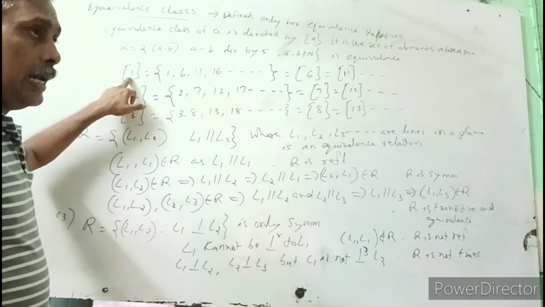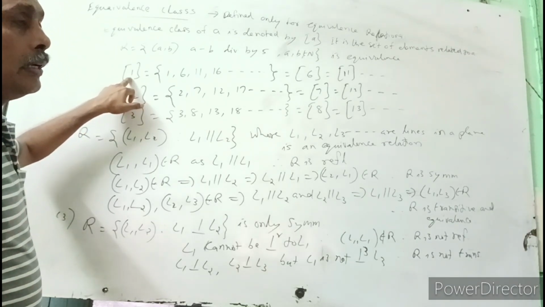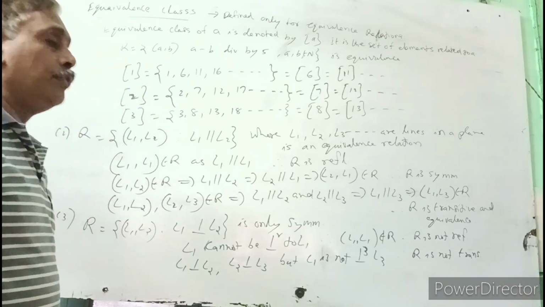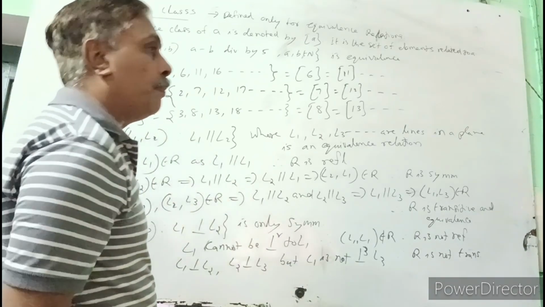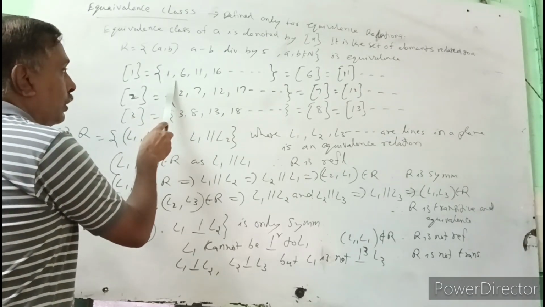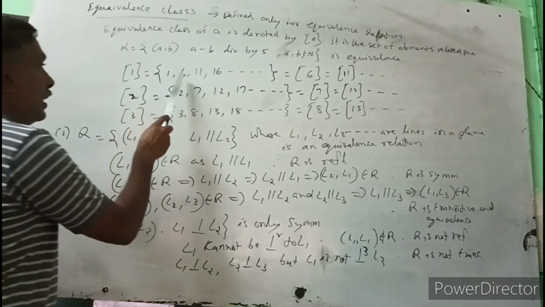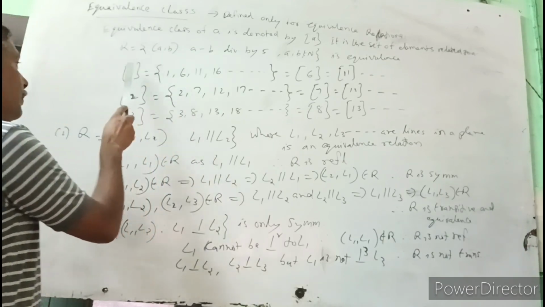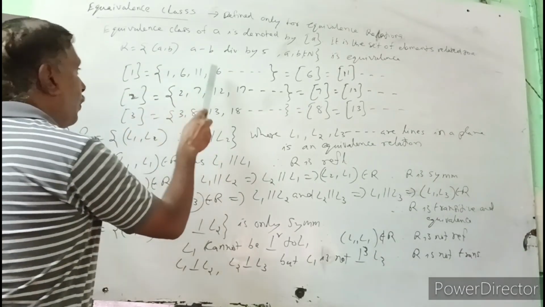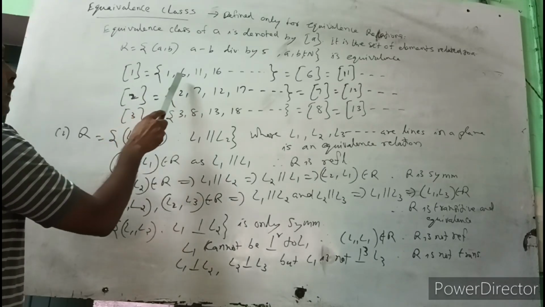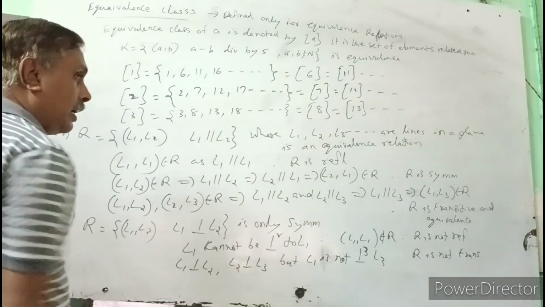It means the numbers whose difference with 1 is divisible by 5. 1 and 1, 1 minus 1 is 0, divisible by 5. 1 and 6, 1 minus 6 is minus 5, divisible by 5. Similarly 1 and 11, 1 and 16. So we can say the equivalence class of 1 is 1, 6, 11, 16, etc.